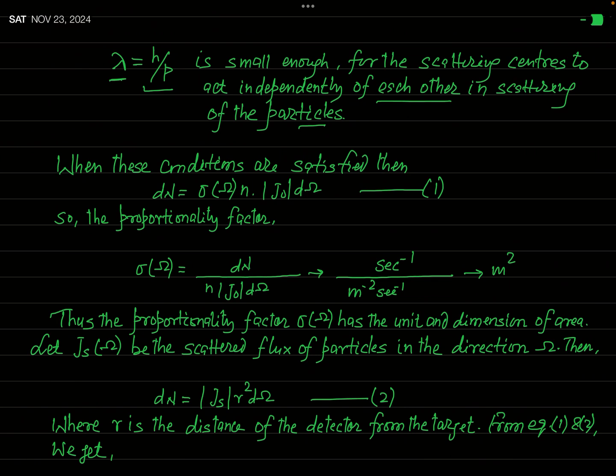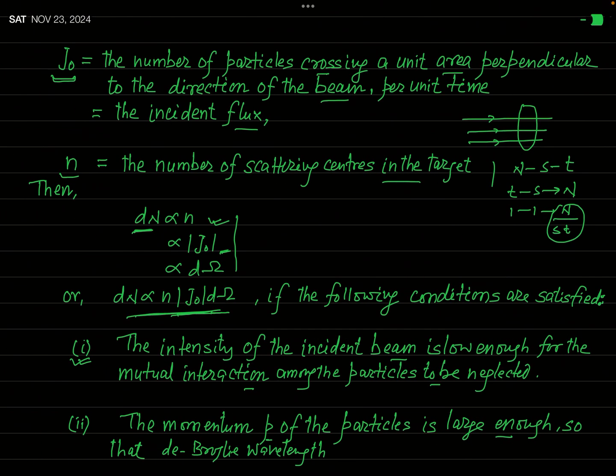And for a smaller de Broglie wavelength, the momentum of the particle must be very large. So when these two conditions are satisfied simultaneously, only then you can say that dn is proportional to n times mod of J naught times d omega.